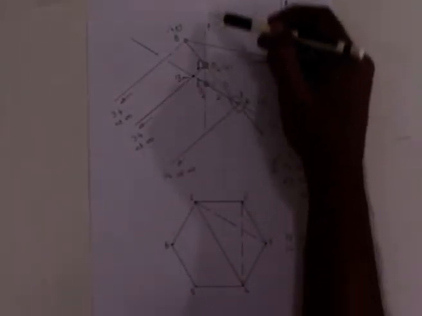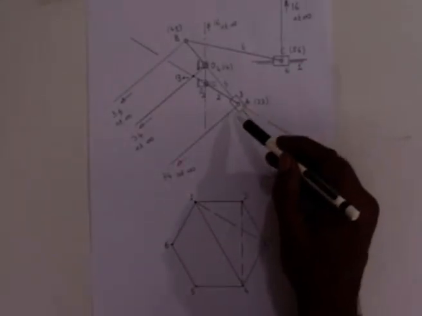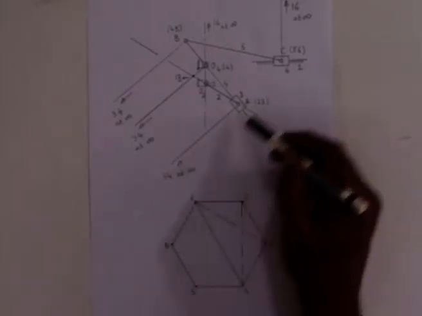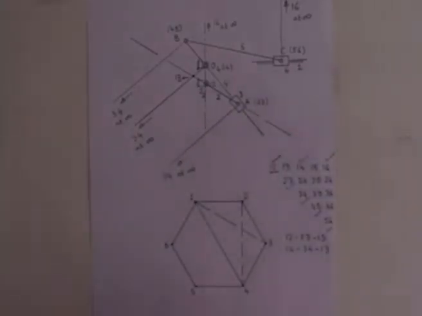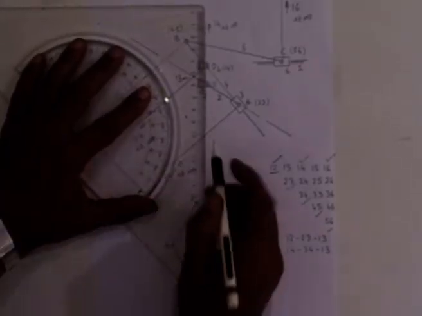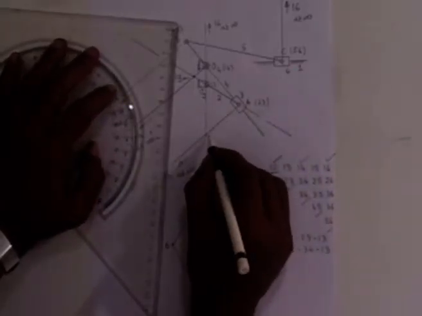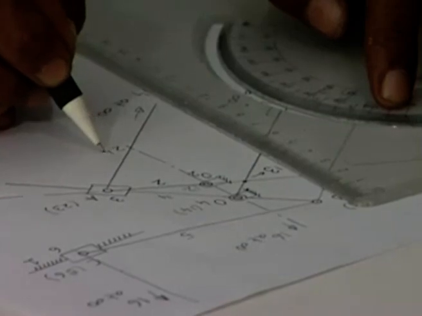So 2, 4 must lie on this line. And 2, 3 is here, 3, 4 is here, so it must lie on that line. That means the intersection of this vertical line which contains 1, 2 and 1, 4 and this line which contains 2, 3 and 3, 4 determines the relative instantaneous center 2, 4.